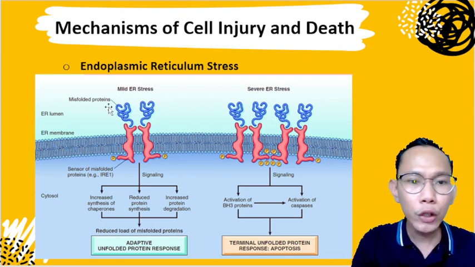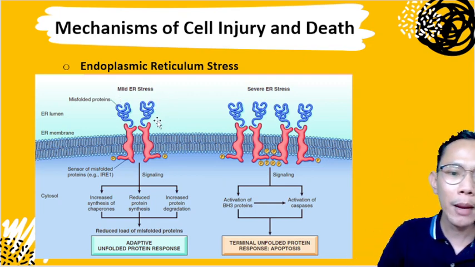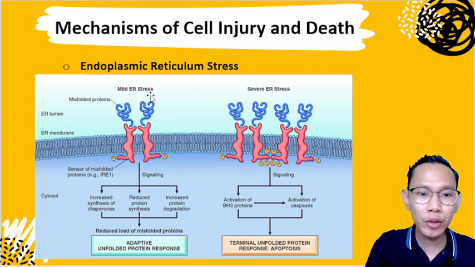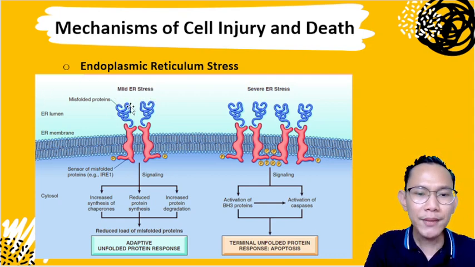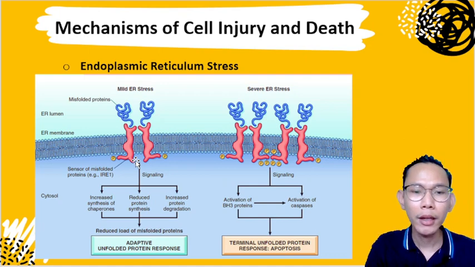Pag konti lang yung misfolded protein or tinatawag namin na mild endoplasmic reticulum stress, anong nangyayari? Your misfolded proteins will attach to your tinatawag natin na sensor of misfolded proteins or your IRE1. Basta alam nyo lang, attach siya sa receptors or sa sensor ng ating endoplasmic reticulum.